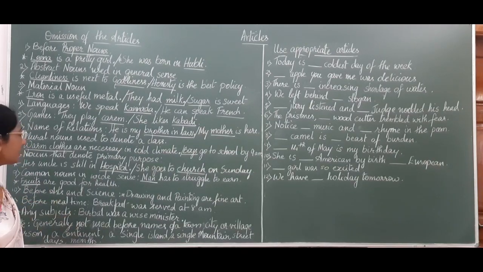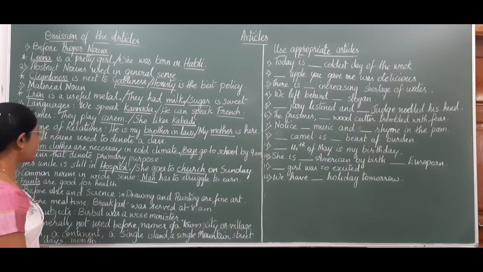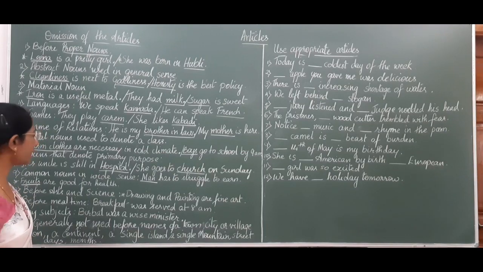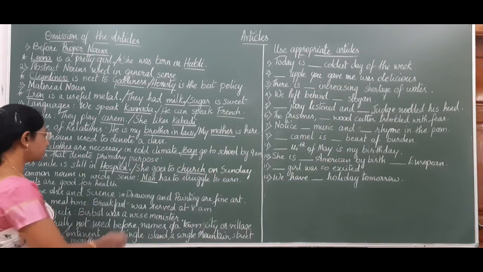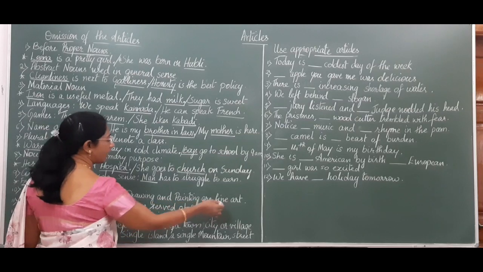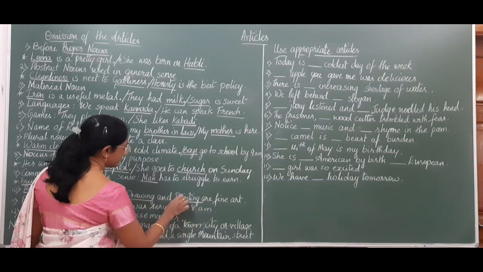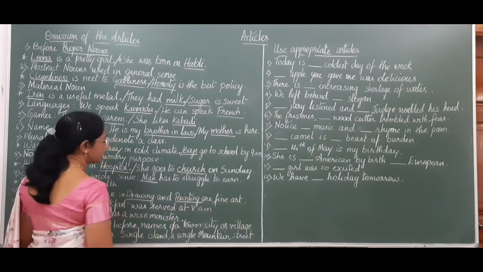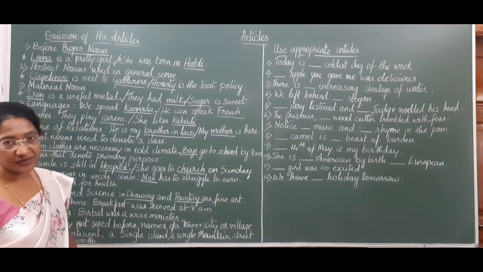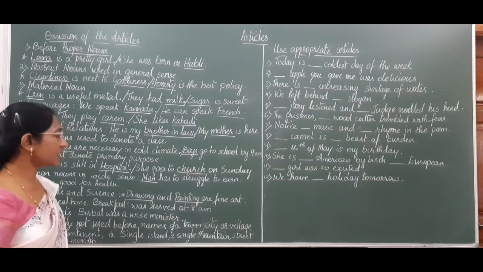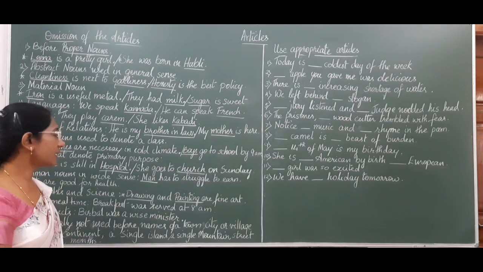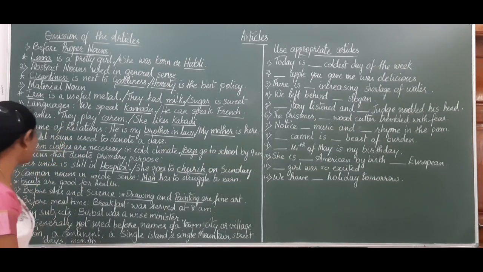Before arts and sciences, the names don't take articles. Drawing and painting are fine art. Drawing, painting. Some science names like physics, chemistry, mathematics, biology also don't take articles.